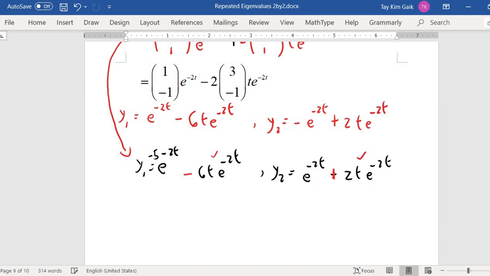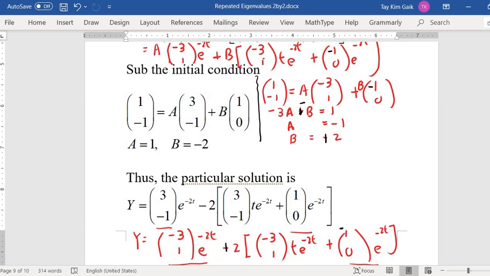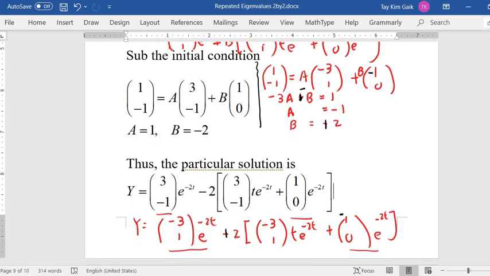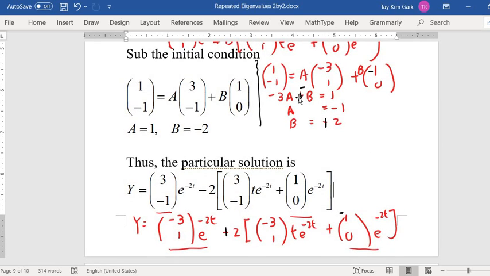So this is correct. For y2, 1 exponent negative 2t plus. That's correct. Oh, I know what the mistake is again. Because here a is negative 1, b positive 2.